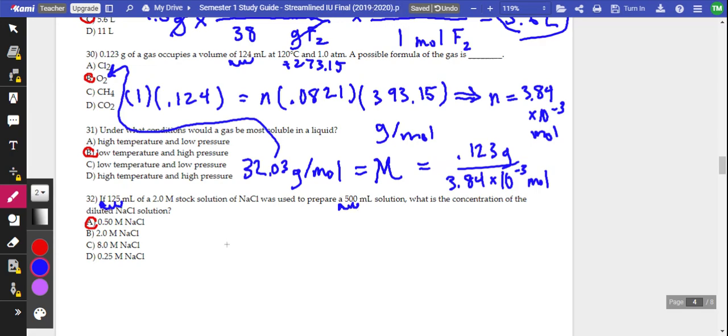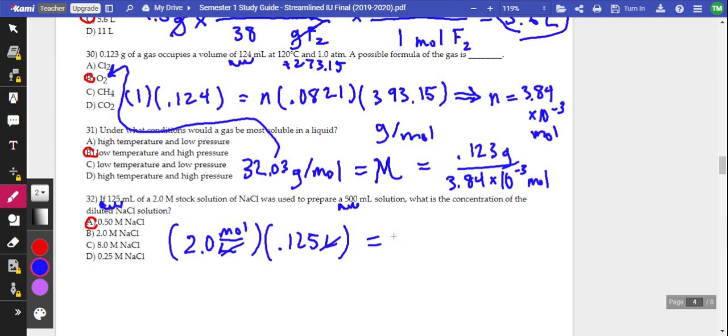Our original solution was 2.0 moles of solute per liter of solution, and it occupied 0.125 liters of solution.